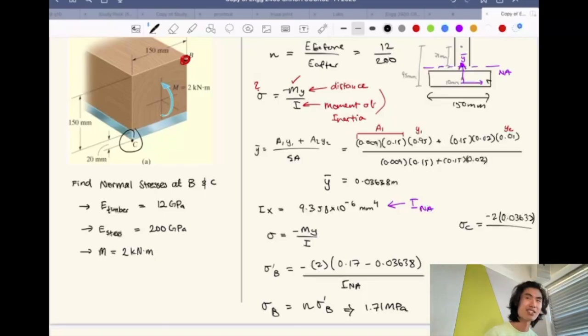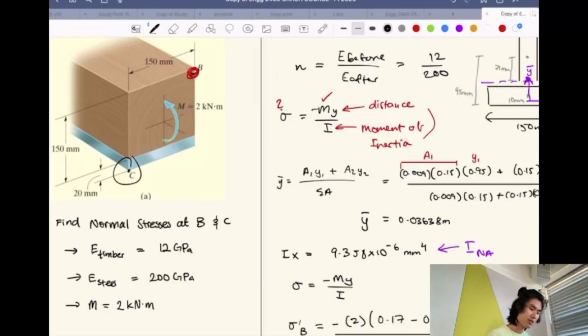So it's going to be the centroid, pretty much, over I NA, negative, 7.87 MPa.